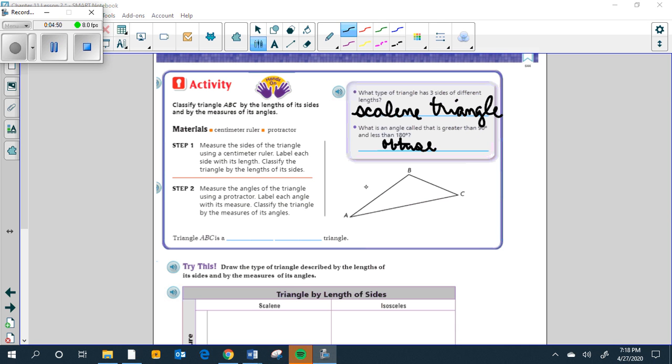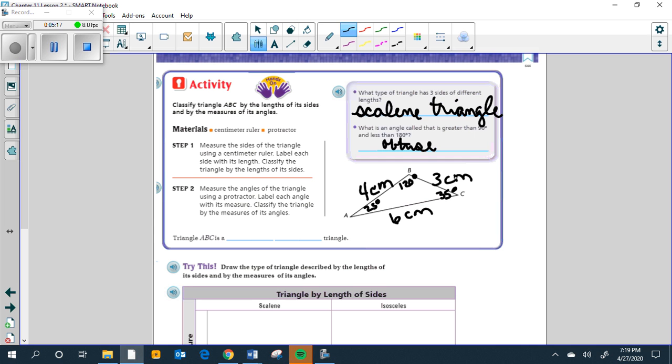That's pretty hard for me to do with a computer to show you, but hopefully if you have a ruler at home, you could come up with 4 centimeters here, 3 centimeters here, and 6 centimeters here. This angle would be 25 degrees. This one would be 120 degrees, and this one would be 35 degrees.